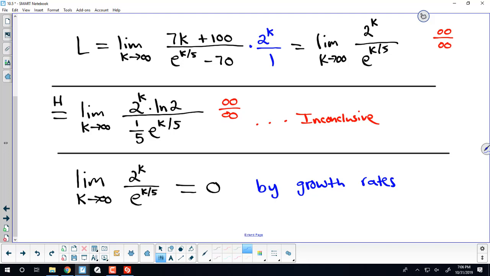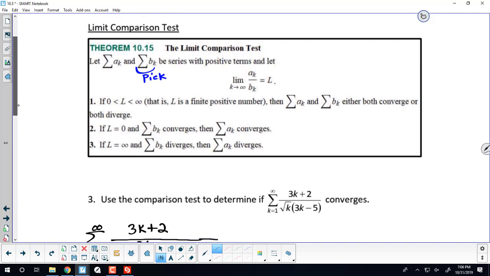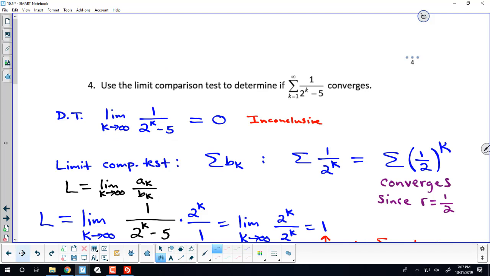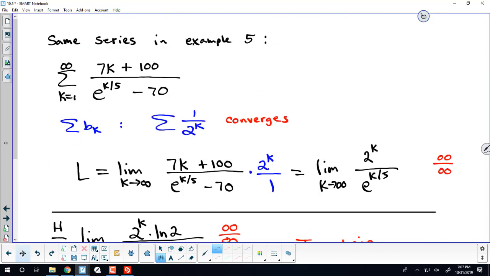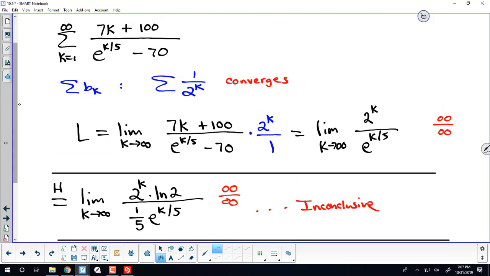So this was our capital L. Capital L is 0, and what does that mean? Let's just go back to the limit comparison. Here's capital L is equal to 0, and the chosen series converges. The given series converges. So we've got a limit that's equal to 0, and the chosen series converges, the given series converges.